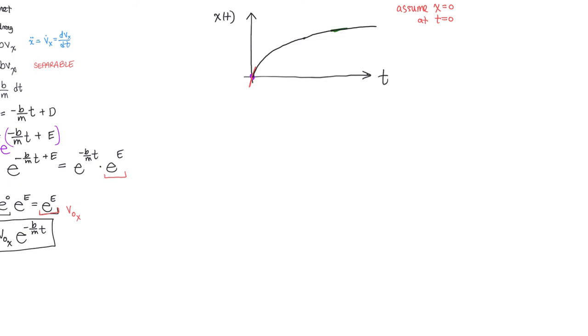So we know v of t and we want position. We know the velocity, we want the position. We know the velocity is given by v naught in the x direction, e to the minus b over m t. And we also know that the velocity is the derivative of the position.